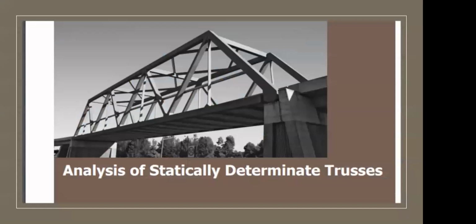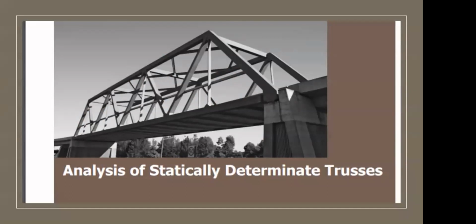Now, in the analysis of trusses, we analyze trusses that are statically determinate. From the beginning, when we call it statically determinate, it means all the unknown forces in the beam or frame can be analyzed by the equilibrium equations. That's why in the case of trusses, we don't develop any compatibility equation for statically determinate ones.